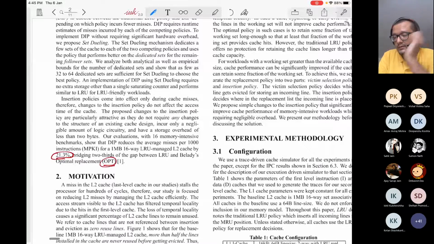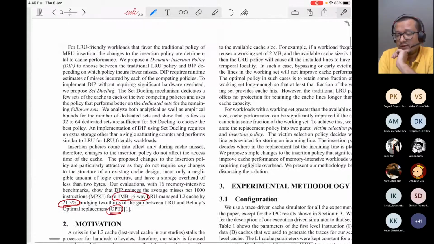There is this OPT. What about evaluation? It's evaluated on 1 MB; is that good enough? Having said that, there is something new, which is set dueling. Again, it is a different font. Let's read this. It says the set dueling mechanism dedicates a few sets of the cache to each of the two competing policies.